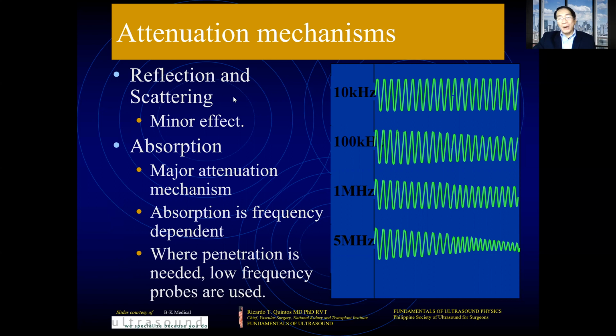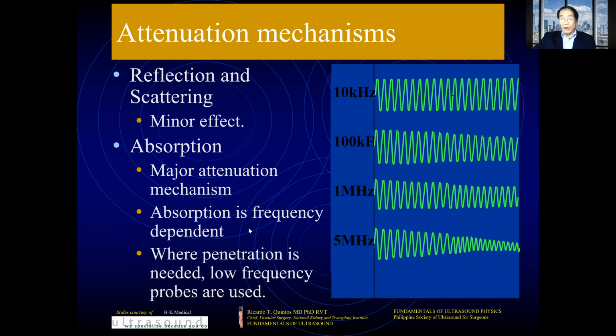So that is one of the attenuation mechanisms, but this is a minor effect because most of the attenuation occurs because of absorption effects. And absorption, being a major attenuation mechanism, is also affected by frequency. Absorption is frequency dependent.